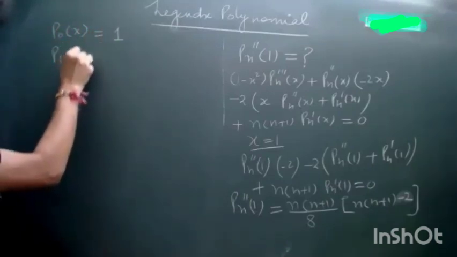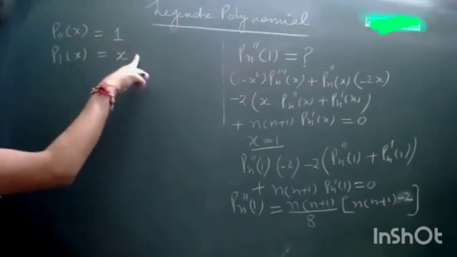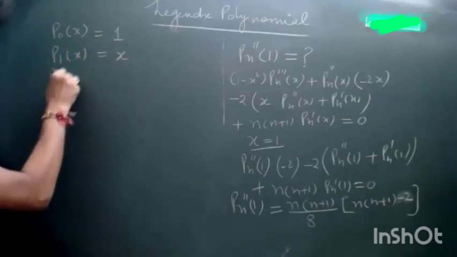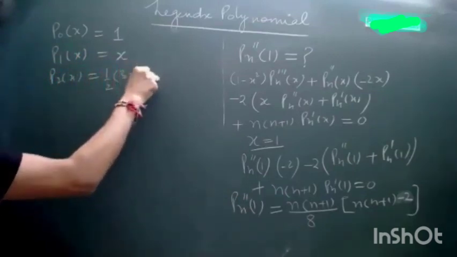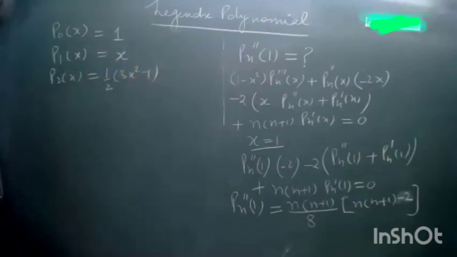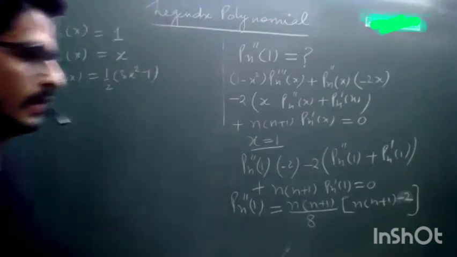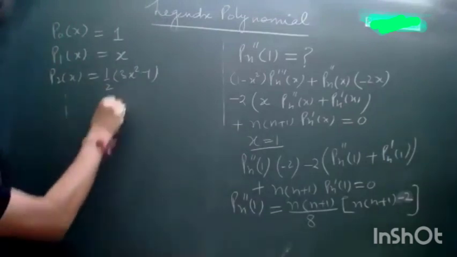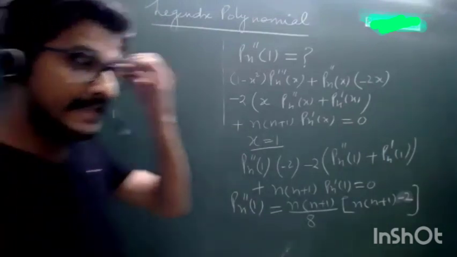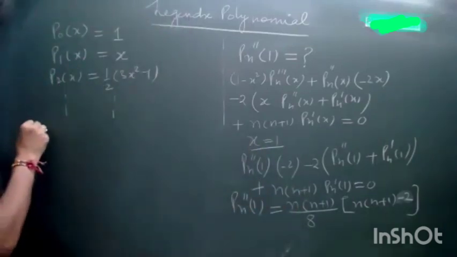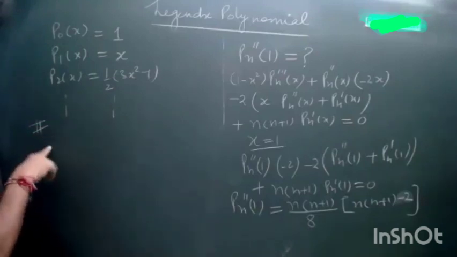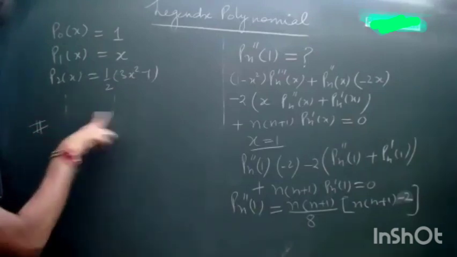Then P1 x is x, so it is like x to the power 1, and P2 x is 1 by 2 into 3x square minus 1, so it is power 2. This is power 2. Now in this way, we can write any polynomial using Legendre polynomials. So please write this, this is very important. Questions have been asked in the NET exam on this twice.